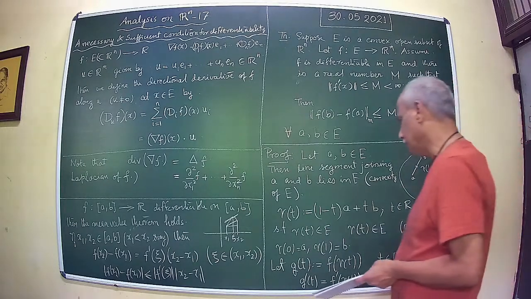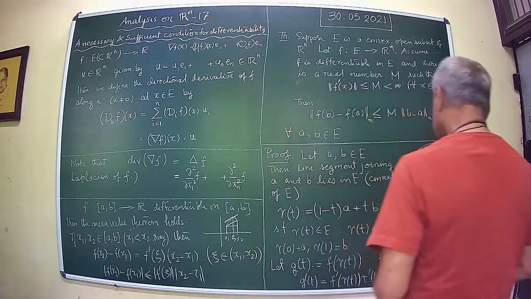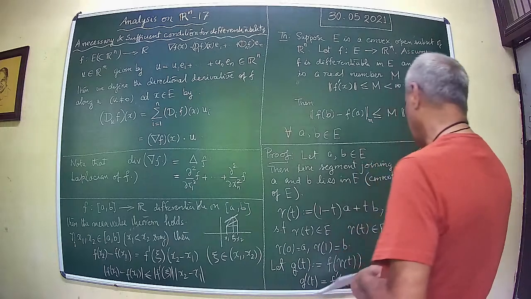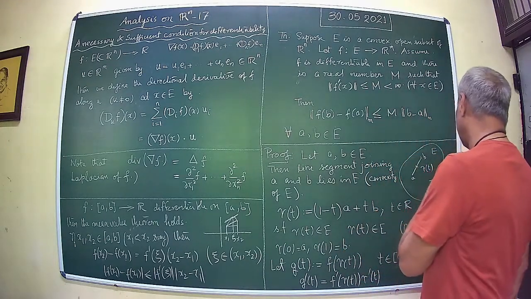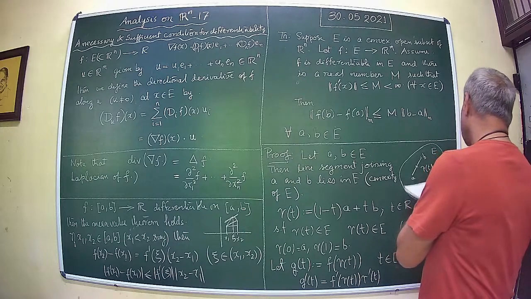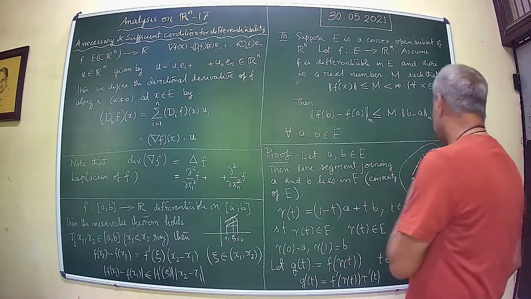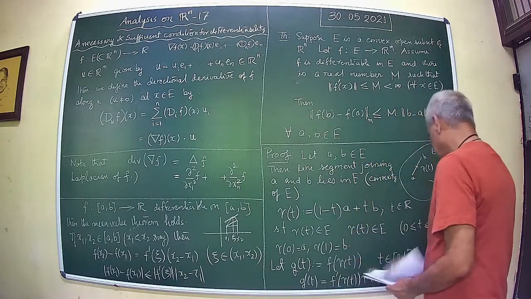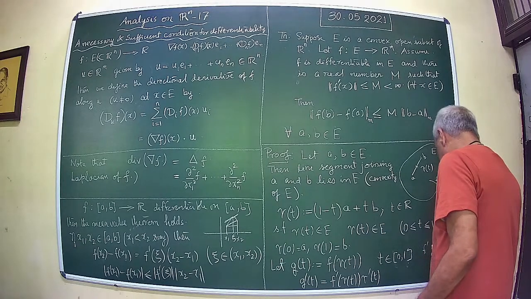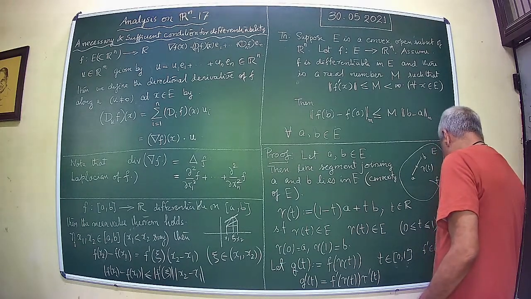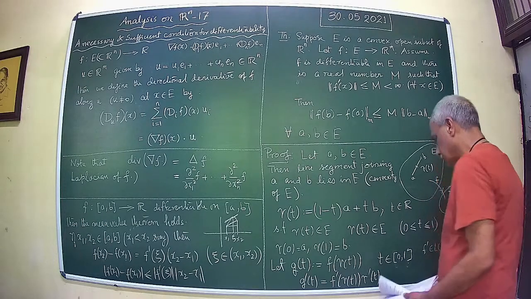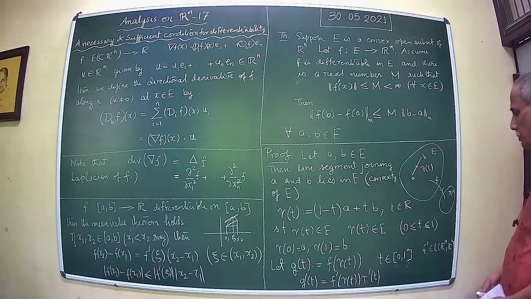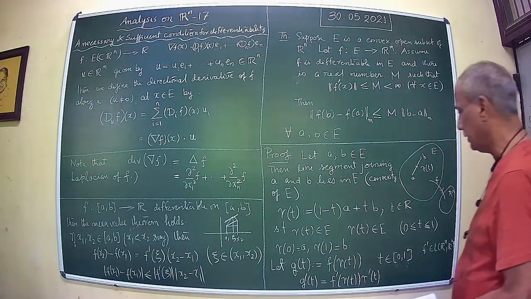Now what are these operators? F derivative is a map from R^n to R^m. What about gamma derivative of t?